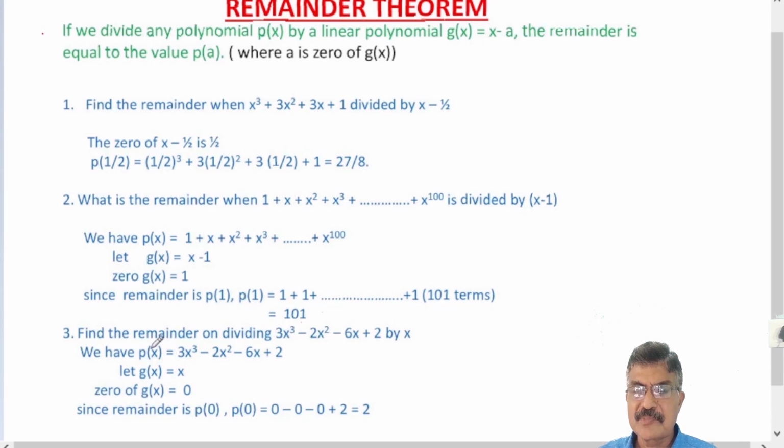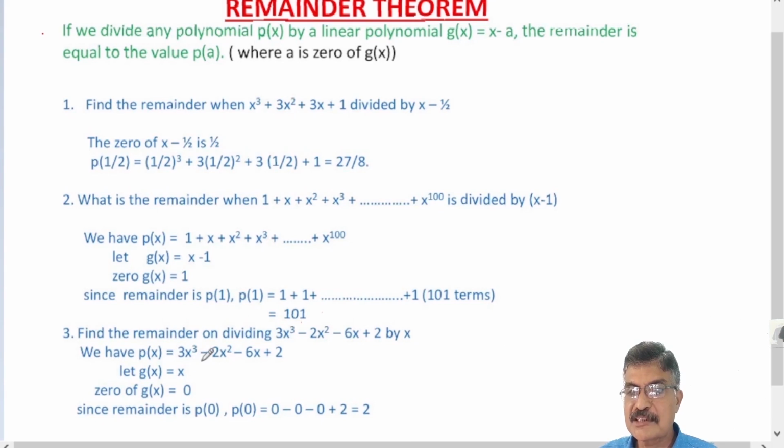Another example. Find the remainder when 3x cube minus 2x square minus x plus 2 is divided by x. g(x) is x. The zero of g(x) is 0. So the remainder is p(0).